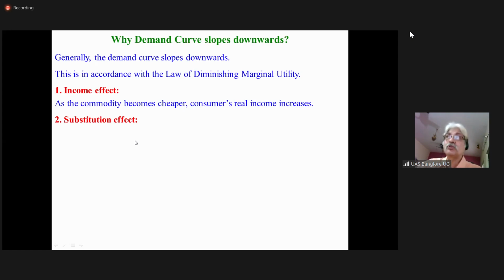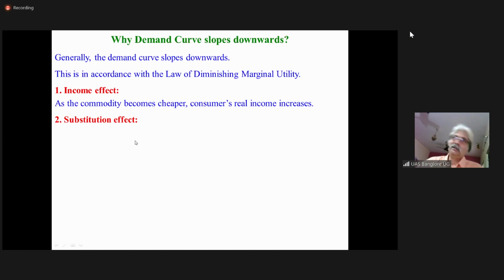Then the substitution effect. Substitution means using one for the other, purchasing one commodity instead of another commodity. Suppose the price of coffee increases. Suppose now it is 10 rupees per cup, and it goes up to 15 or 16 rupees per cup, whereas tea is still available at 10 rupees per cup.